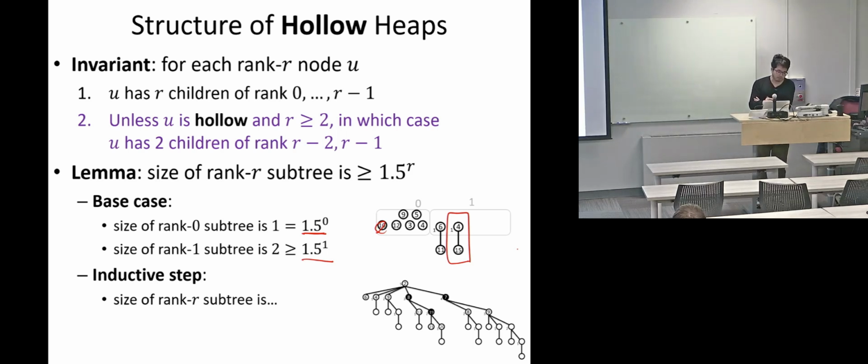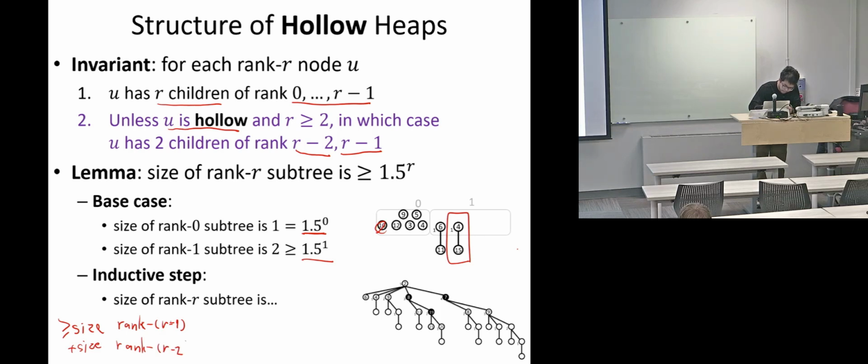Basically, you know that even if U is hollow or U is not hollow, it's going to have sub 3 of rank r minus 2 and r minus 1. If it's not hollow, it has everyone. So this guy has size at least the size of rank r minus 1 sub 3 plus the size of rank r minus 2.